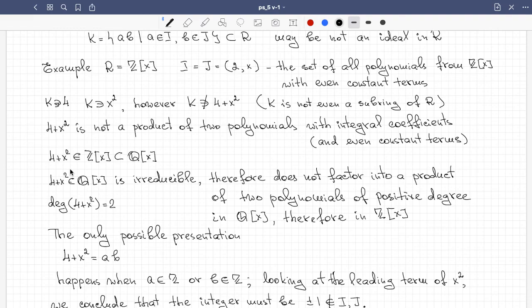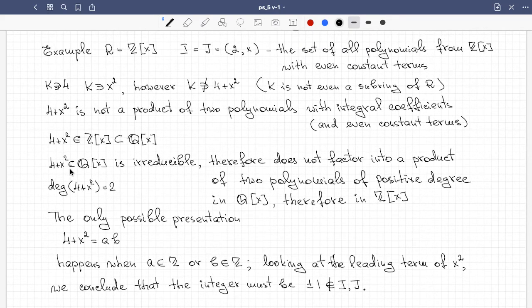Or, by the way, instead of the consideration of leading coefficient here, you may say that because the polynomial is irreducible in Q, all factorizations in Q are a unit in Q times an associate of x. But there are many units here, but there should be a factorization valid here.